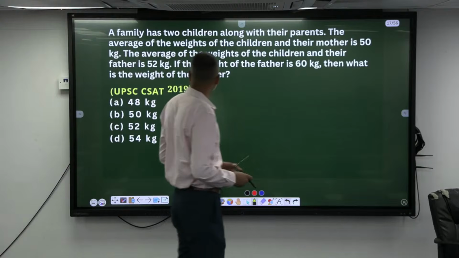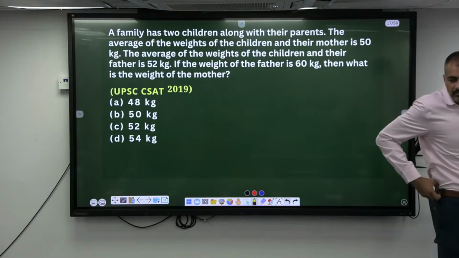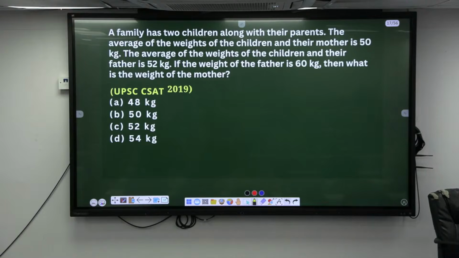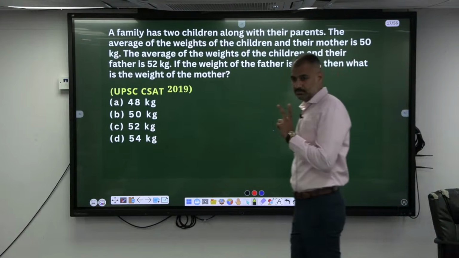Yeah, very similar. The family has 2 children along with their parents. Parents means 2 parents, 2 children.